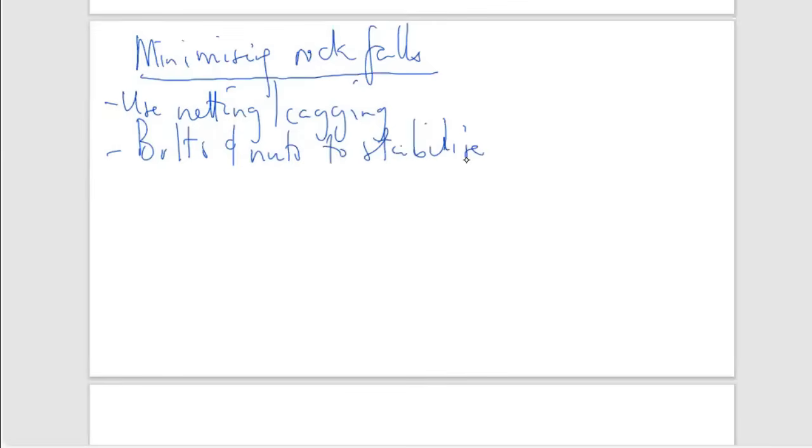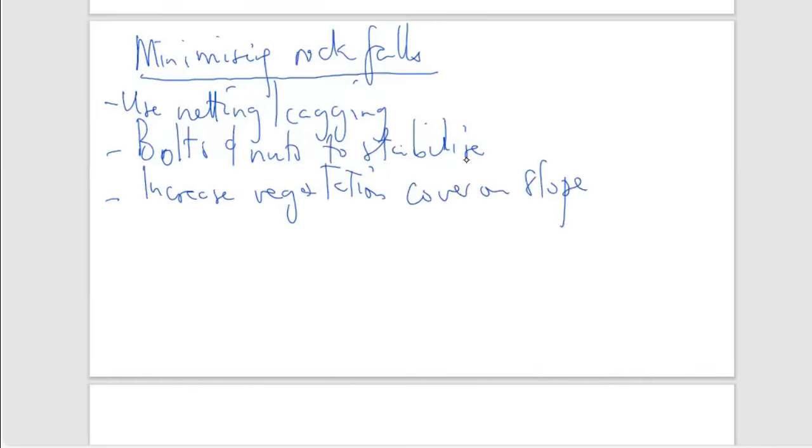And also, they can try to introduce vegetation, increase vegetation cover on slopes to bind the soil.